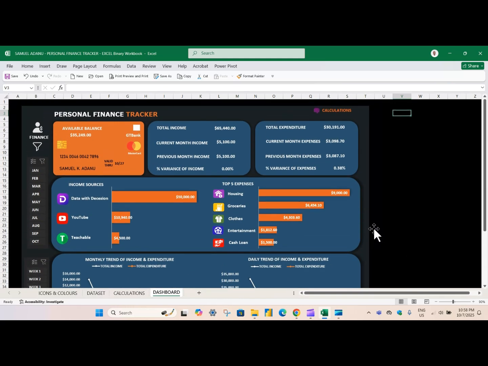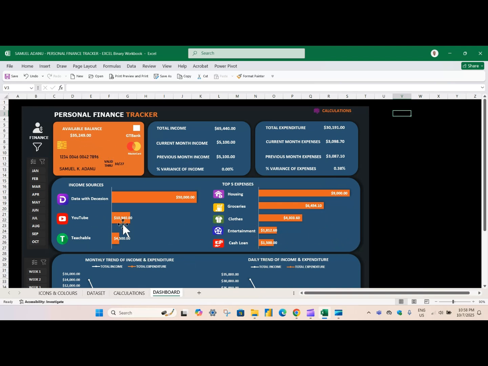Alright, so now over the entire 10-month period, total income generated by Samuel is 65,440 US dollars, as against a total expenditure of 30,191, giving us an available balance at the end of the 10-month period of 35,249 US dollars.